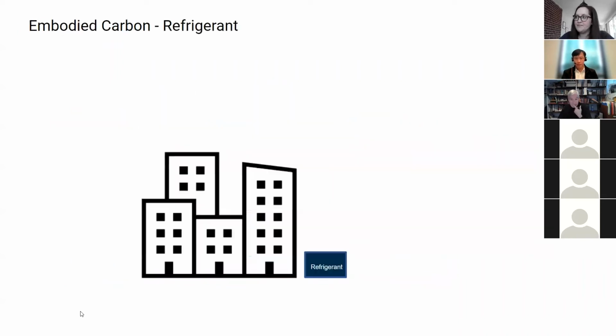Now this is in use, but it's part of that whole life carbon, part of that embodied carbon concept. Why do I say embodied carbon? Because the way life cycle analysis looks at refrigerants, it comes with the building. Now this element leaks during the in-use stage, but that is a way to look at the maintenance you need to do to the refrigerant that comes with the building.